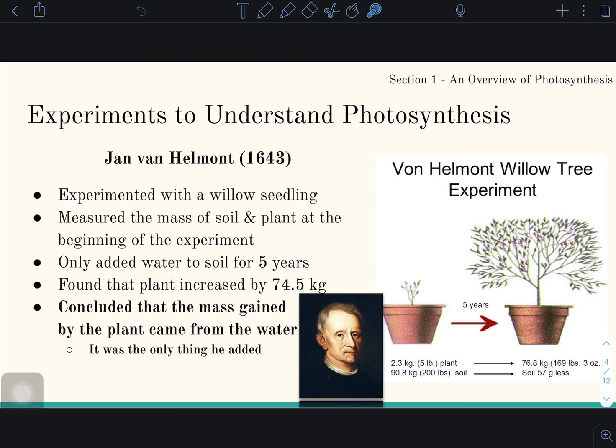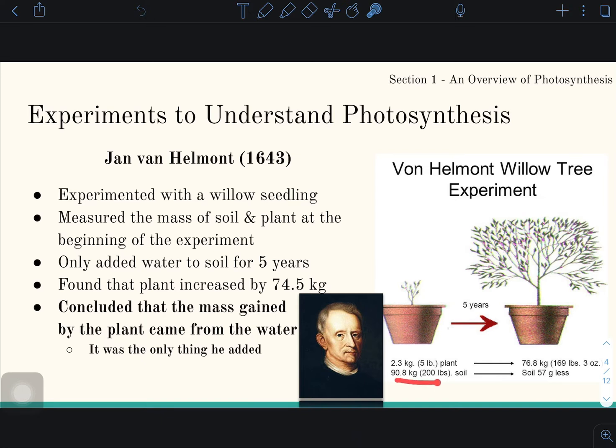He took a young willow plant, like a willow tree, and planted it in a pot. If you look at the numbers down here, it was a 5-pound plant. After 5 years, the only thing he gave it was water, and this 5-pound plant ended up being 169 pounds, 3 ounces.